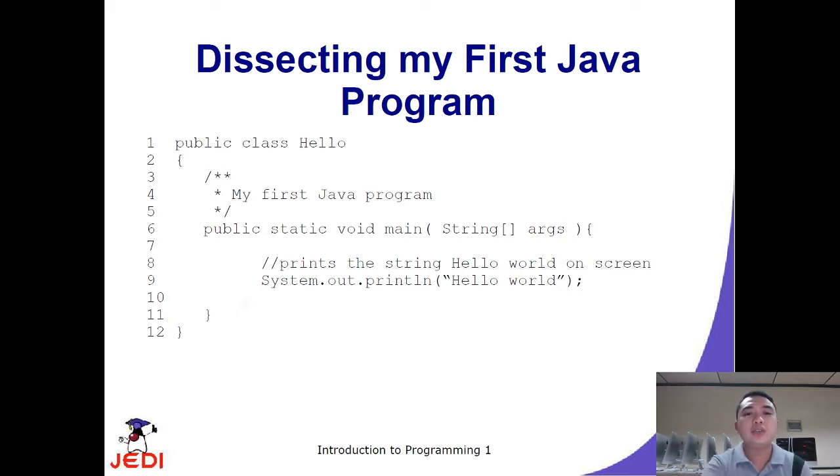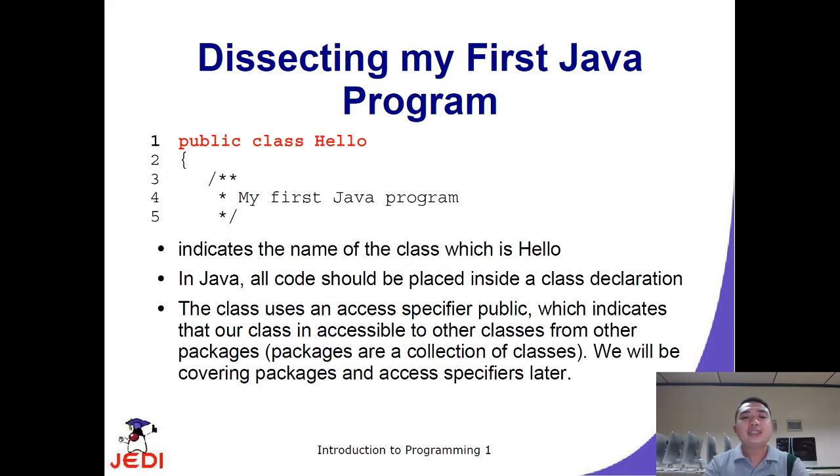We have here public class Hello, open brace, and then we have a comment, and then public static void main, string args, and another comment, and then System.out.print Hello World, close brace and close brace. Curly brace, rather. Okay, so let's dissect.